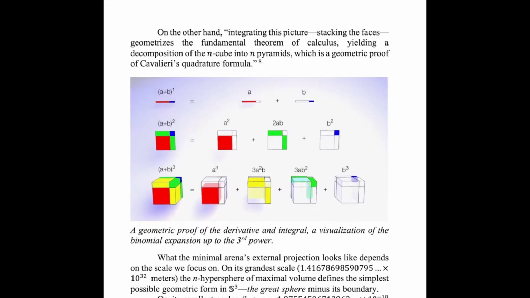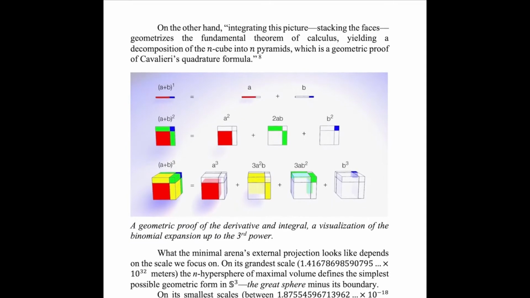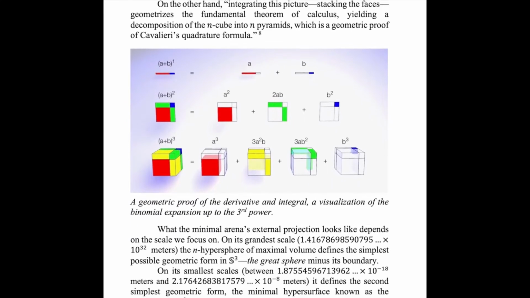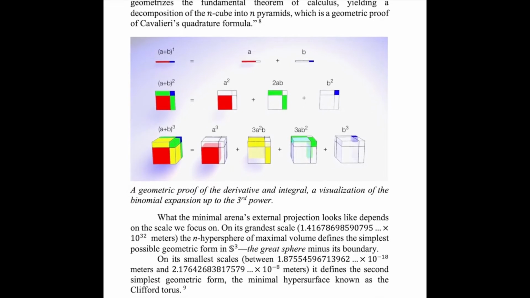On the other hand, integrating this picture, or stacking the faces, geometricizes the fundamental theorem of calculus, yielding a decomposition of the n-cube into n-pyramids, which is a geometric proof of Cavalieri's quadrature formula.